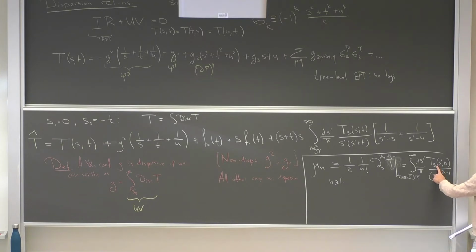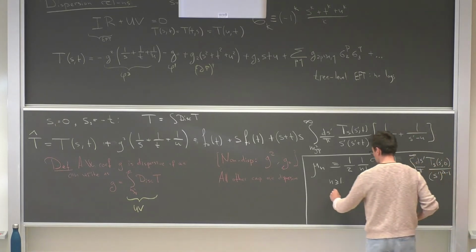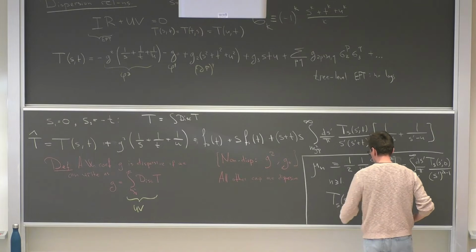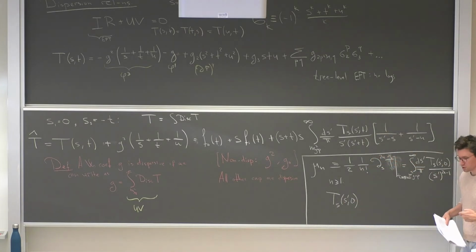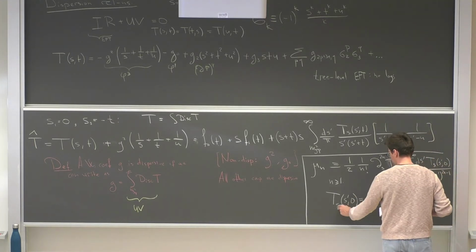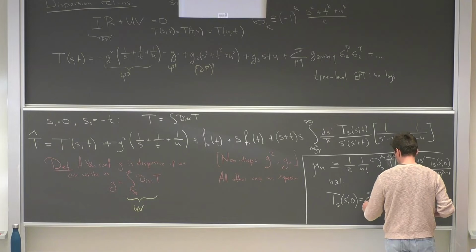Now, the point here is that this is just a fact, something we derive from dispersion relations. But the important point is that this function T_s is non-negative. In general, when we talk about bootstrap, positivity is always a very important property. Remember that we had the partial wave expansion for this.